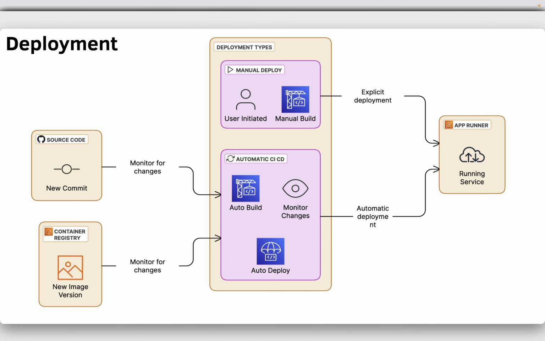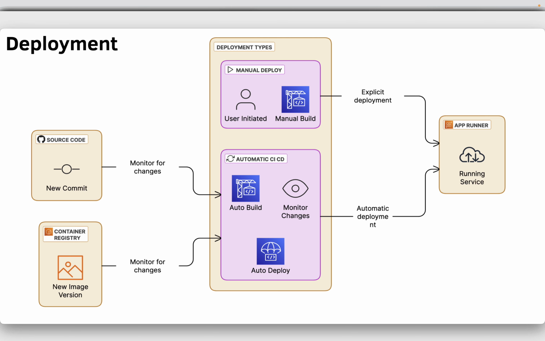Then a deployment, which is an action that applies a version of your source repository, can be code or image, to an App Runner service. The first deployment to the service occurs as part of service creation. Later deployments can occur in one of two ways. One of them is automatic deployment, which is a CI/CD capability.